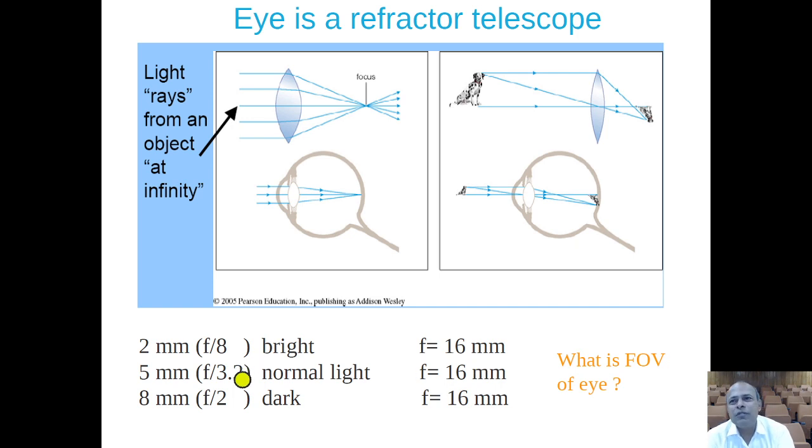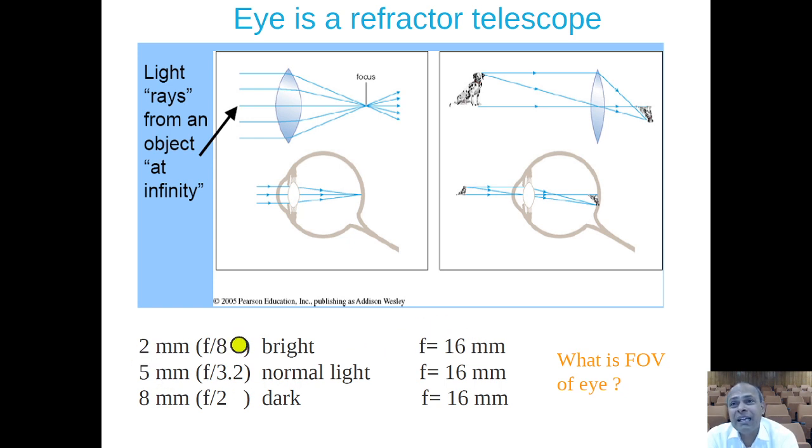If you determine the f number, our normal eye is at 3.2. But when you go to a room where there is a lot of light, a bright room, and we want to see the object, then the pupil of our eyes gets reduced. So it becomes 2 millimeter, but the focal length remains the same.